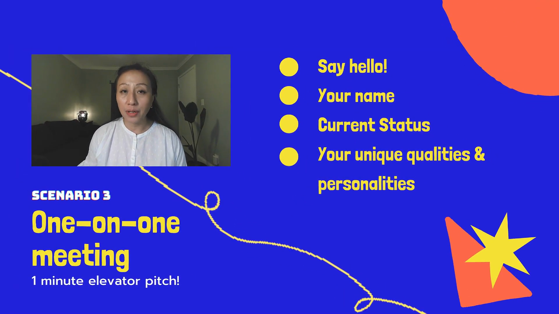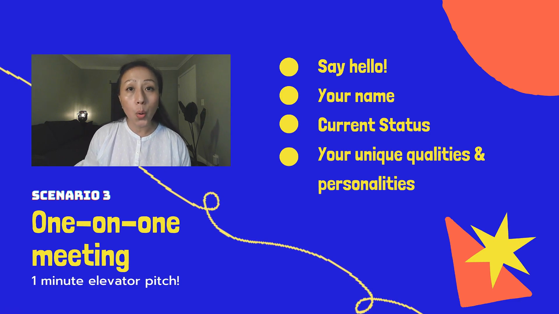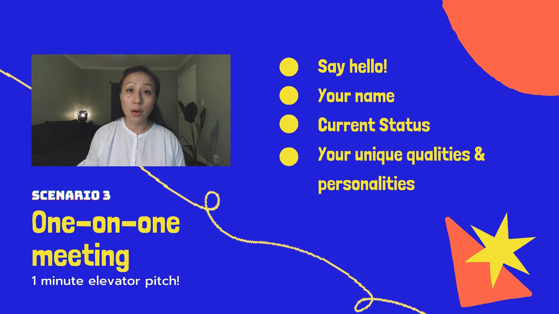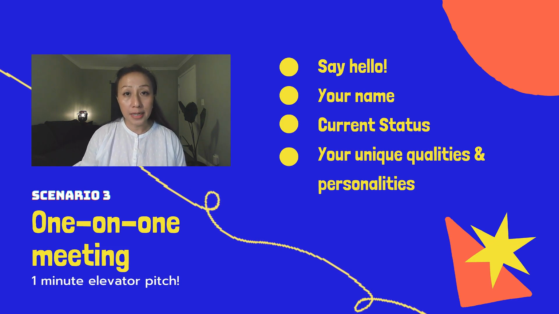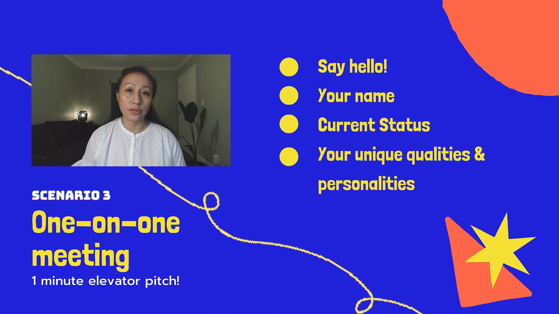Last but not least, I want to discuss how to introduce yourself effectively whenever you're meeting with a recruiter or hiring manager in a one-on-one meeting. And this happens whenever you're attending an in-person job fair or a job interview, virtually or in person. Because you are the only candidate in this discussion, you are allowed to introduce yourself just a little bit longer.